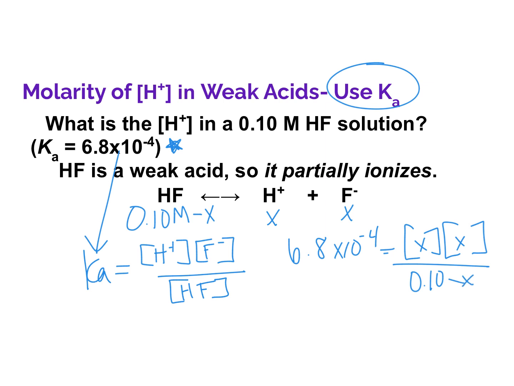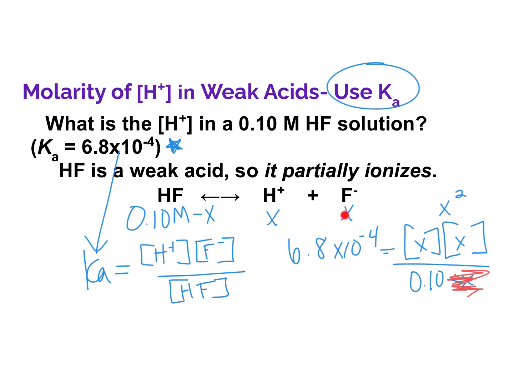Now this minus X is so small that we're just going to ignore it, okay? When we put it in, it just doesn't change our calculations. To solve this, the top becomes X squared.